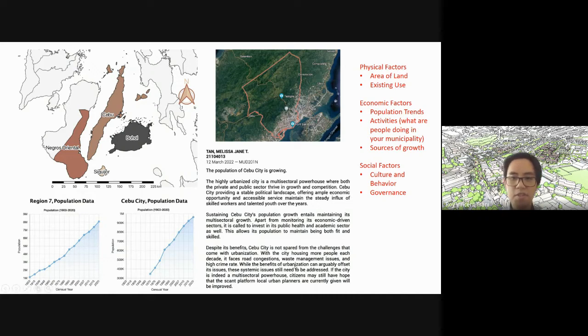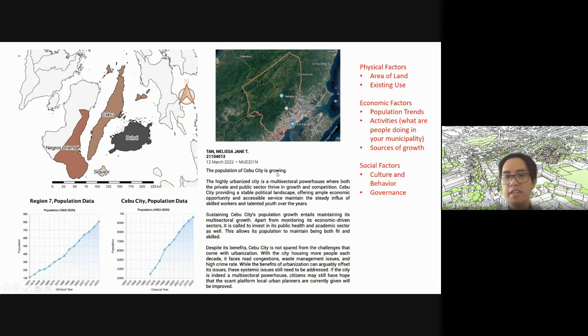Despite its benefits, Cebu City is not spared from the challenges: economic urbanization, housing, the same problem as the previous example, high crime rate, arguably. Systemic issues still need to be addressed. Multi-sectoral powerhouse, citizens may still have hope that the platform local urban planners are currently given will be improved.